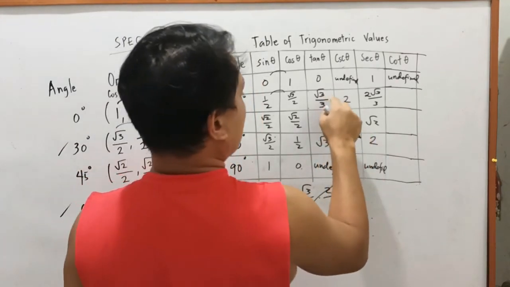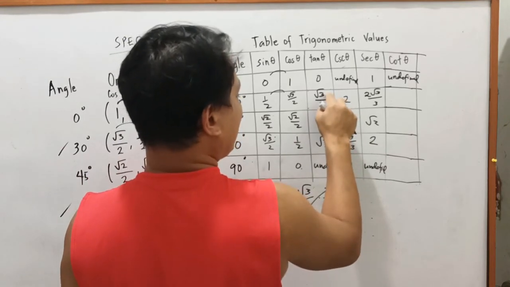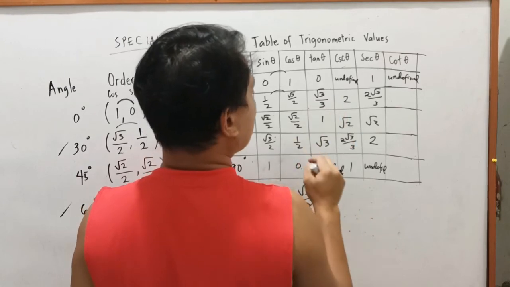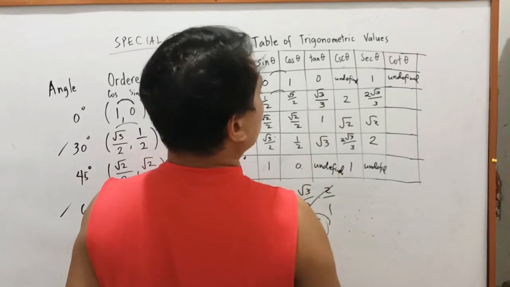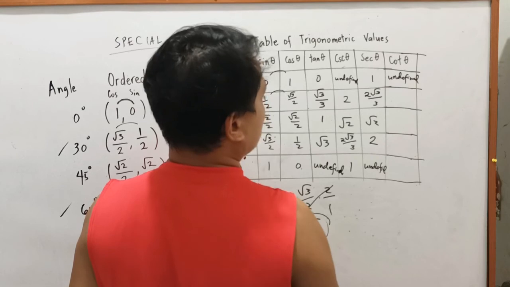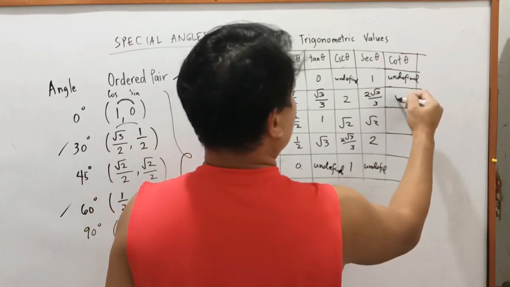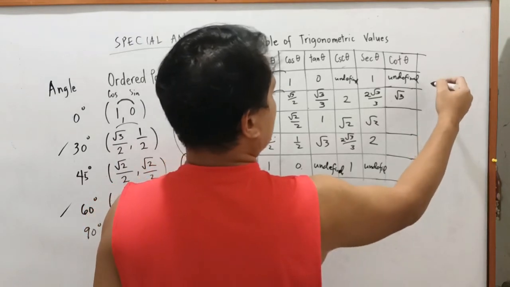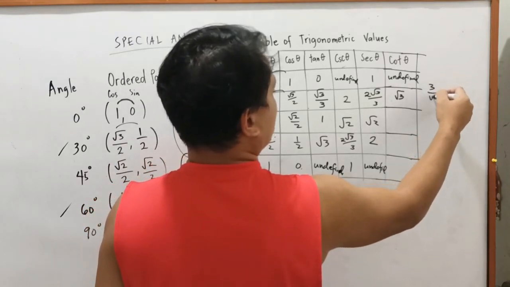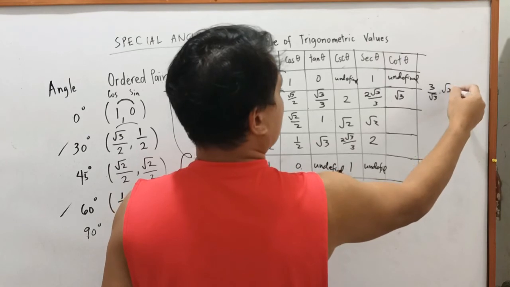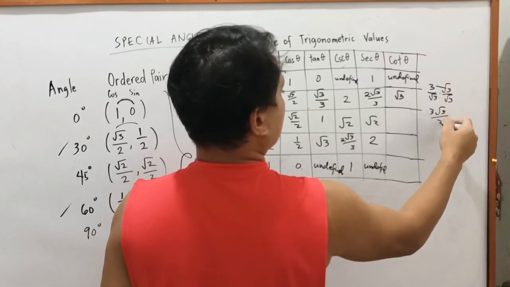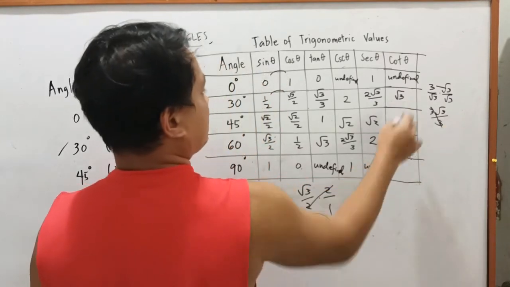If the radicand is the same or equal to the denominator, you're going to cancel 3 or make it 1. Therefore, the remaining value is square root of 3. The solution is 3 over square root of 3, then rationalize, 3 square root of 3 over 3, cancel, square root of 3.